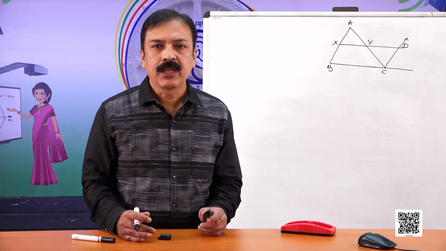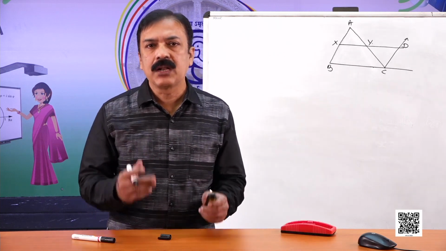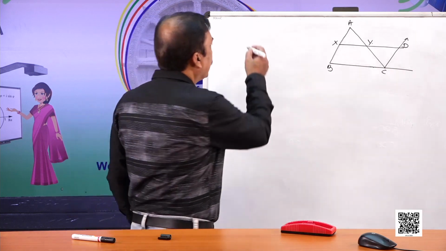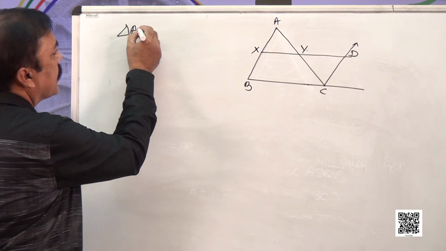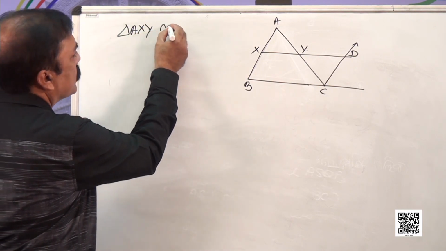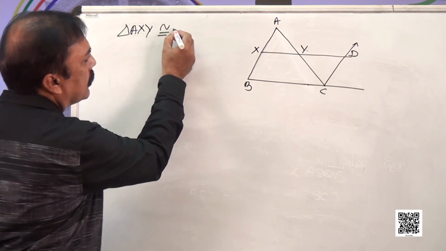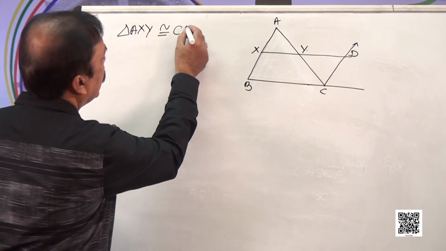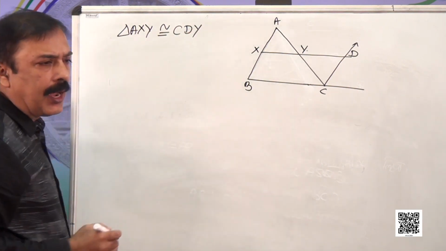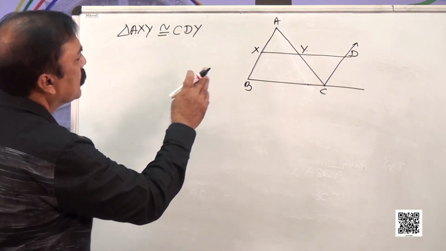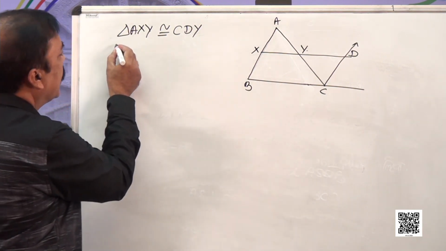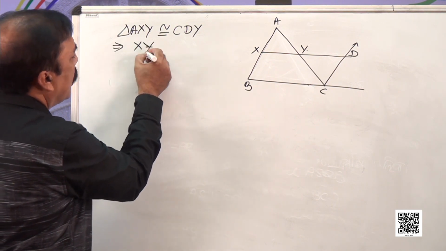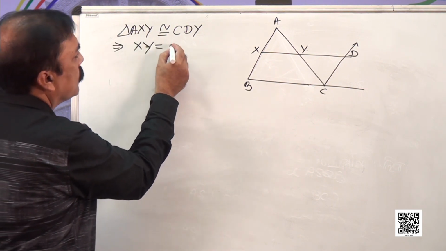See, we can have some extension of this theorem like this. We know that triangle AXY is congruent to triangle CDY as it is given. So from this we can say that XY is equal to YD.